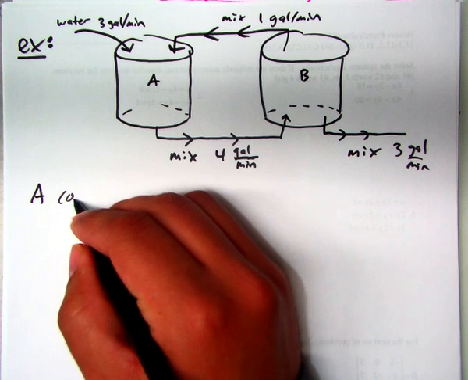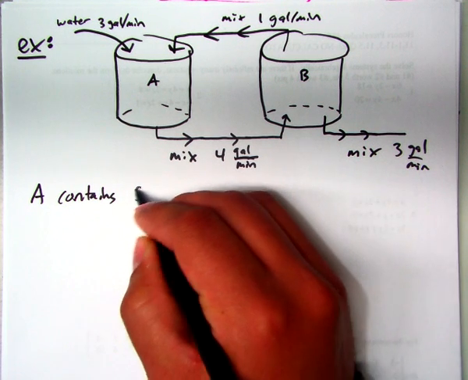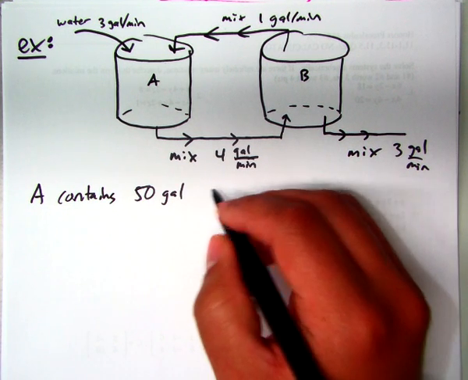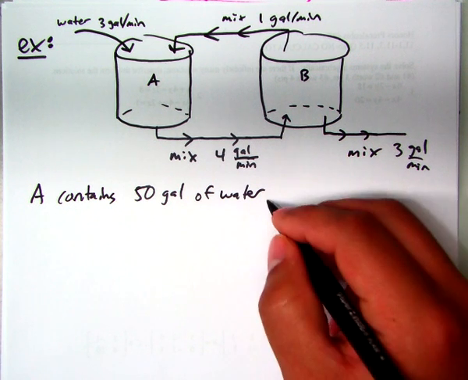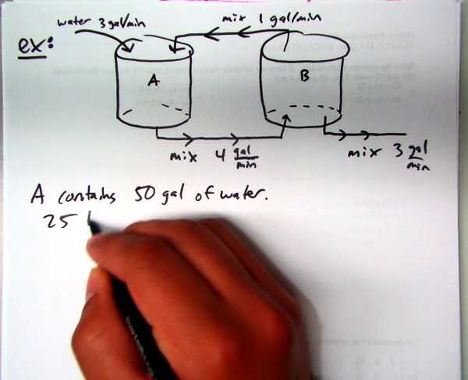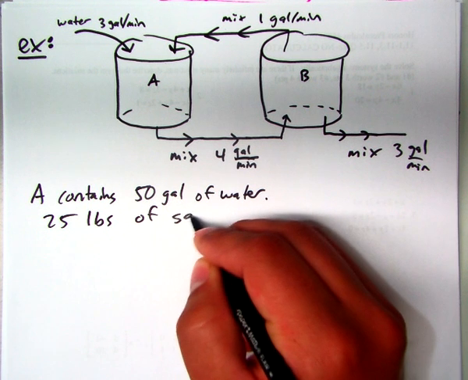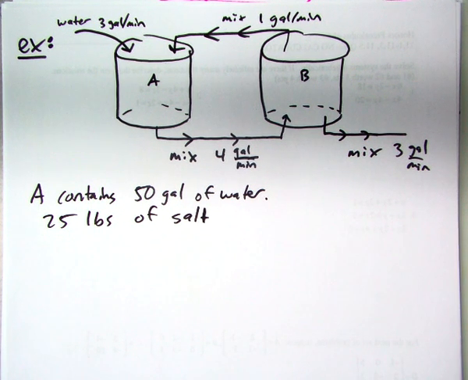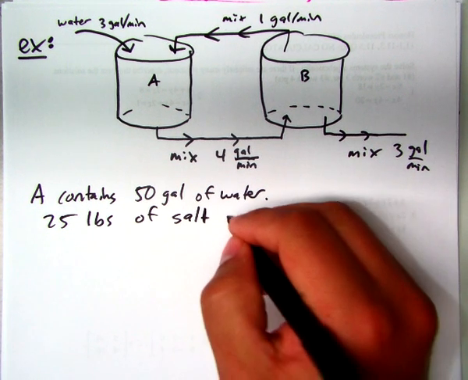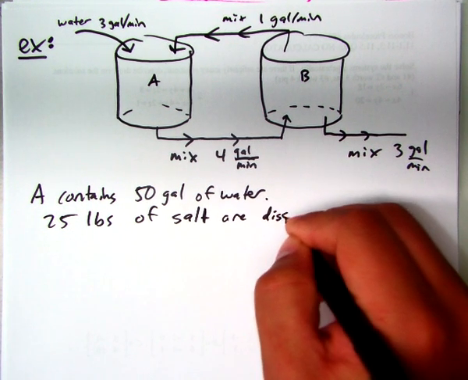And here's what we know. A contains 50 gallons of water and 25 pounds of salt. We like to use salt in this book, but really this could be any mixture. Are dissolved.